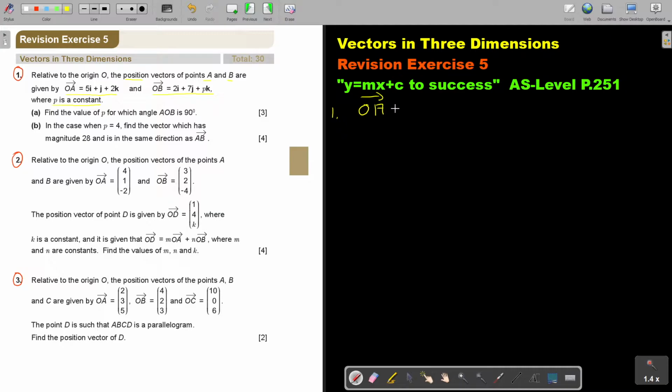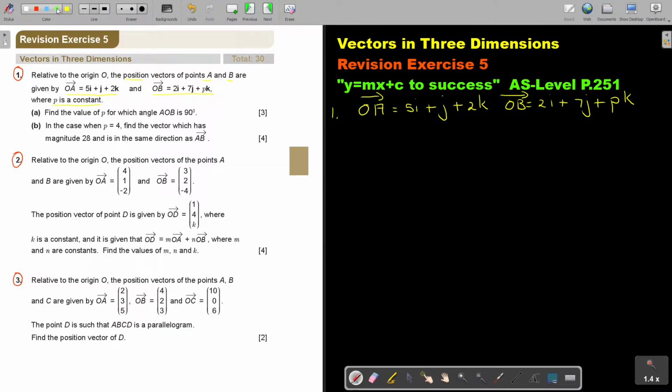So the position vectors are always from O, the origin. So OA is 5i plus j plus 2k, and OB equals 2i plus 7j plus pk, where p is a constant.